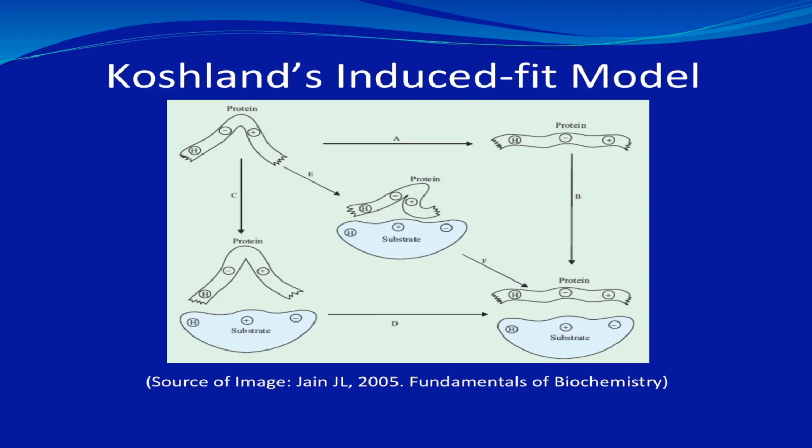That's why you cannot change the conformation when the substrate binds to the active site according to the lock and key model. The other model is Koshland's induced fit model. Here, the substrate can change its conformation as it gets into the active site of the enzyme. The binding of the substrate and the conformational changes in the substrate and the enzyme can take place simultaneously.